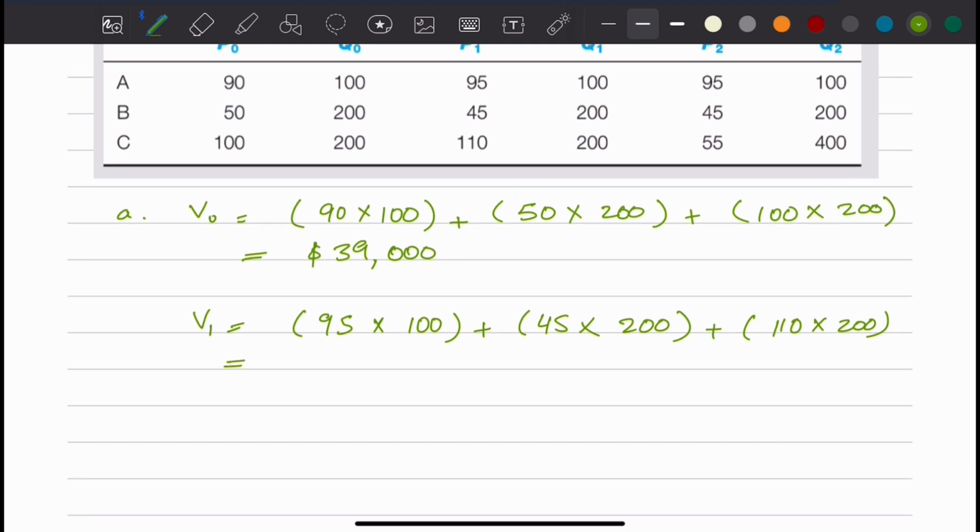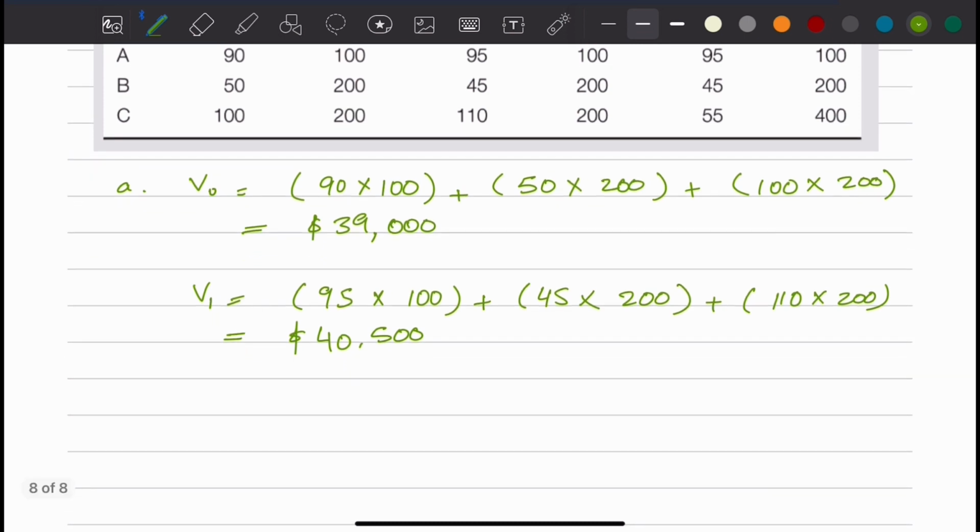Go back to our calculator: 95 multiplied by 100 plus 45 multiplied by 200 plus 110 multiplied by 200. And that gives me $40,500.